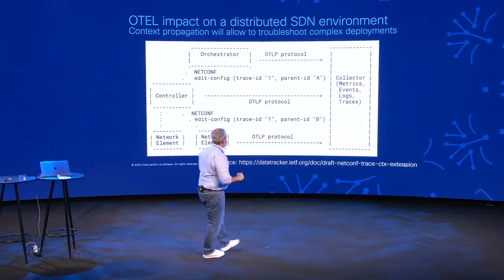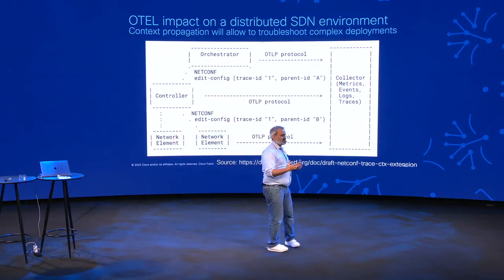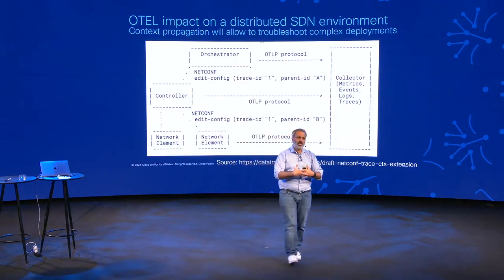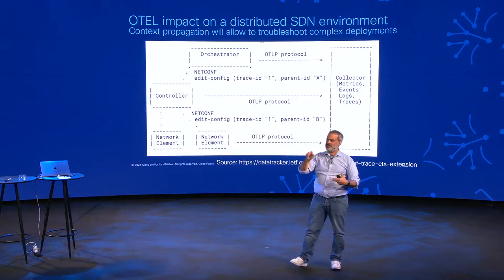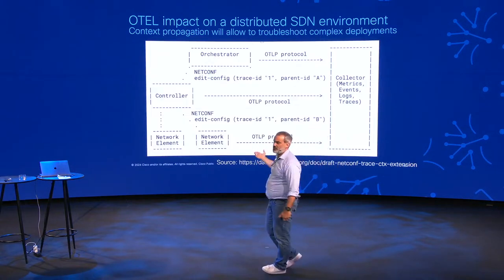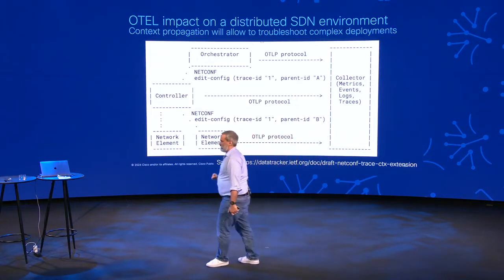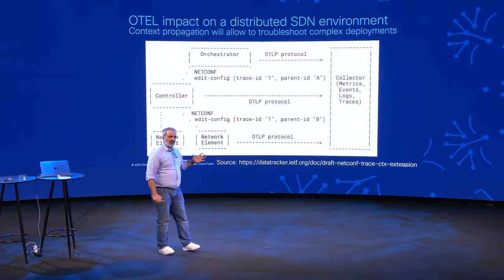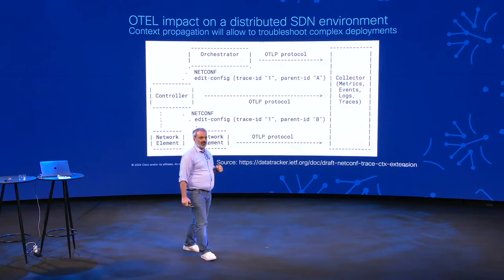Because everybody is now exporting these IDs to the backend, it can build the dependency graph, can really understand you did first this, then you did that, then you did that, and that's what we're going to see in the demo. Now, this looks very generic, but think about NSO LSA.